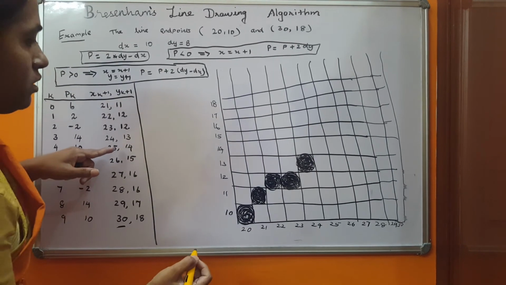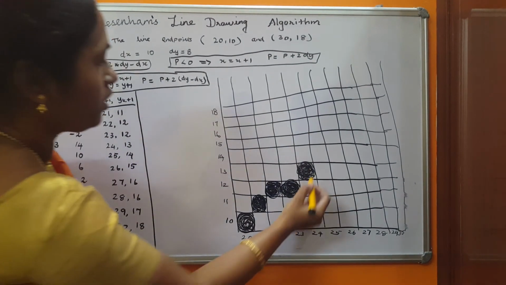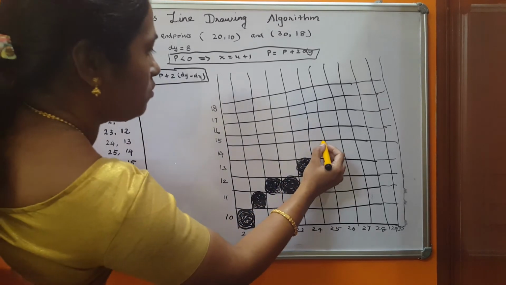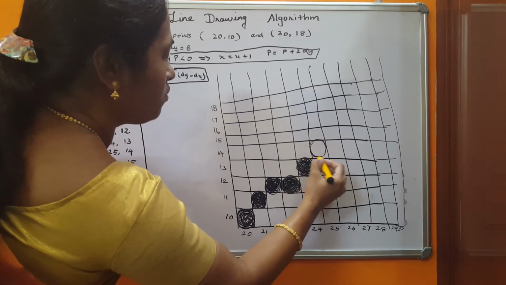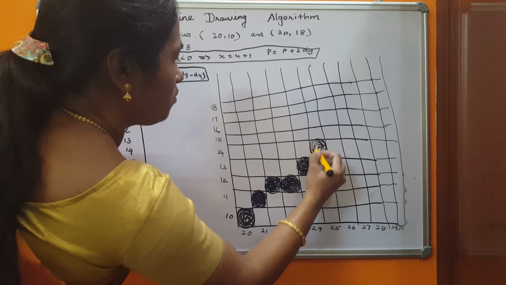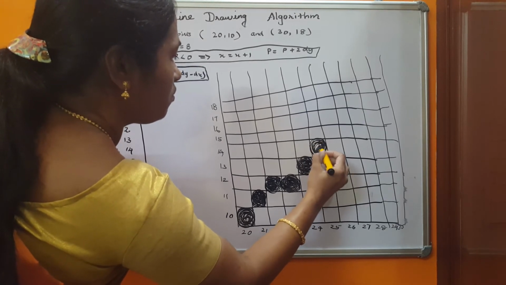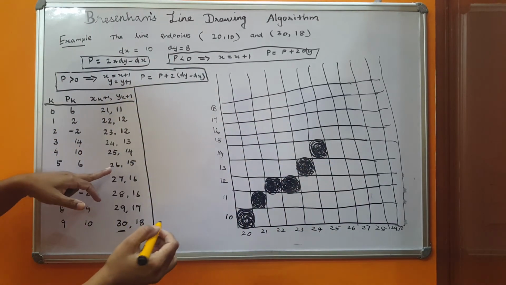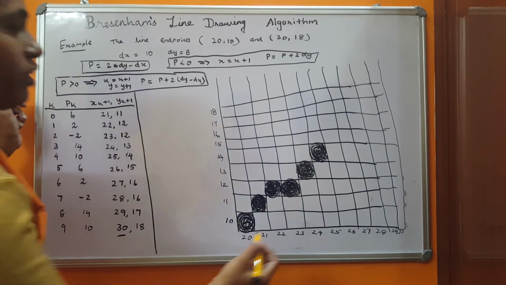The next point is 25, 14. Next point is 26, 15.